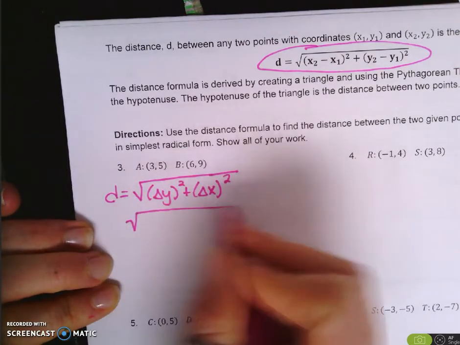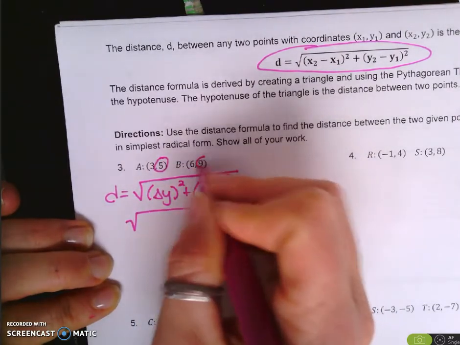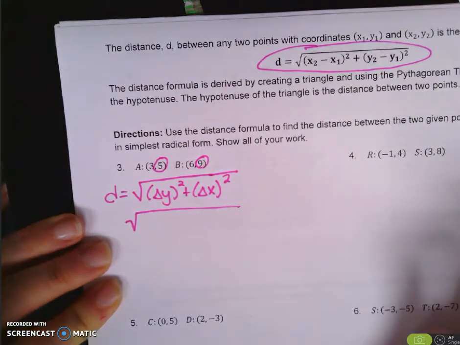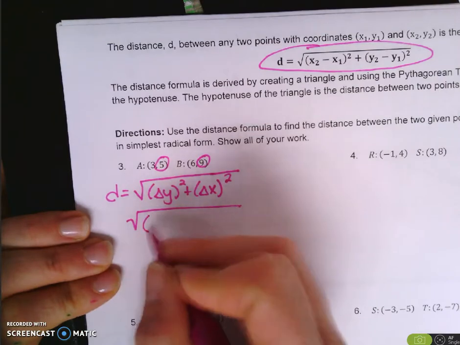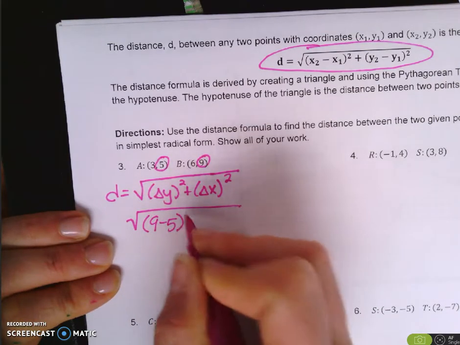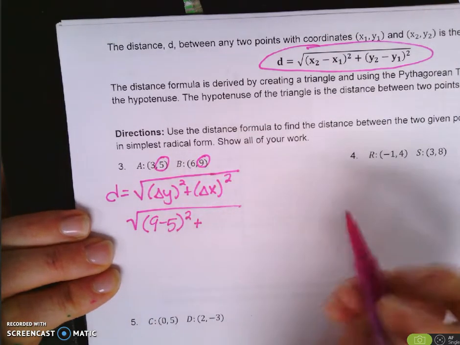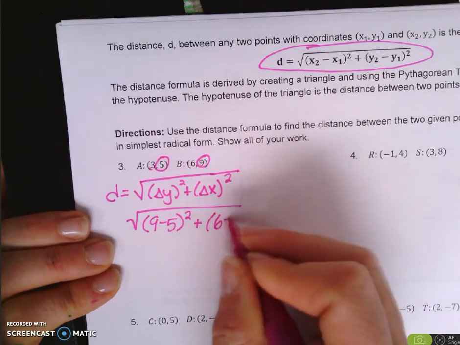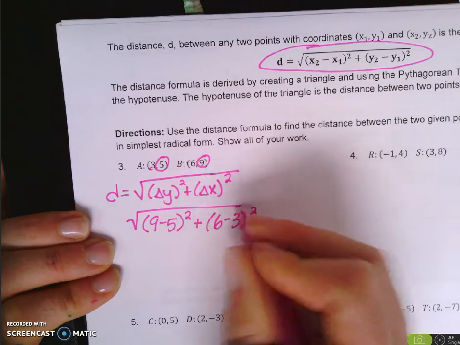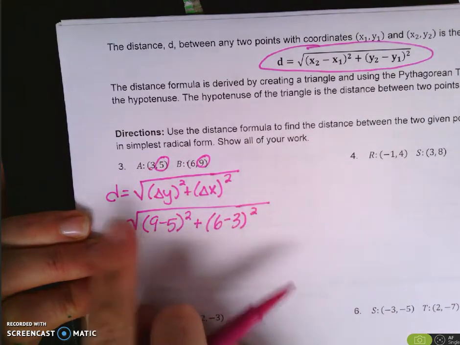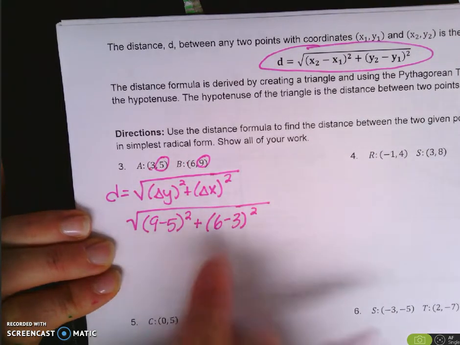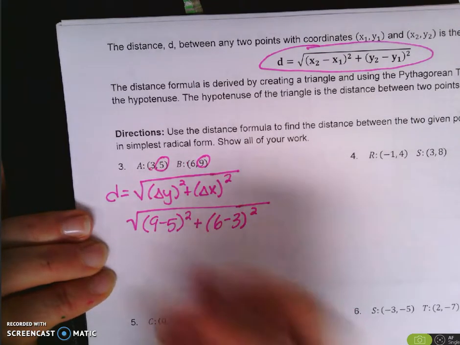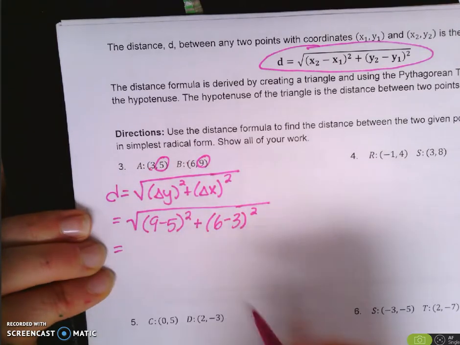So here I'm going to circle my y's just so I don't confuse them. I can do 5 minus 9 or 9 minus 5. It doesn't matter. I like to do 9 minus 5. That's going to be squared plus, it doesn't matter if I do 6 minus 3 or 3 minus 6. I want to do 6 minus 3. Notice I can't undo the radical in the square because it's being added in between, not multiplied. Remember, adding does not allow you to do that.